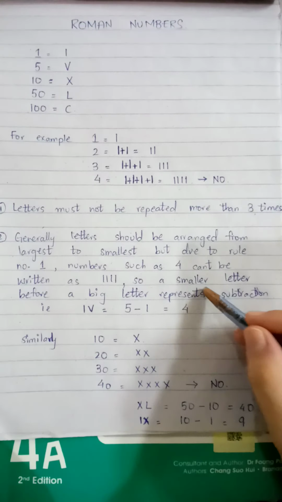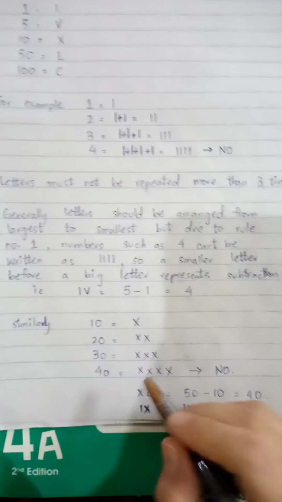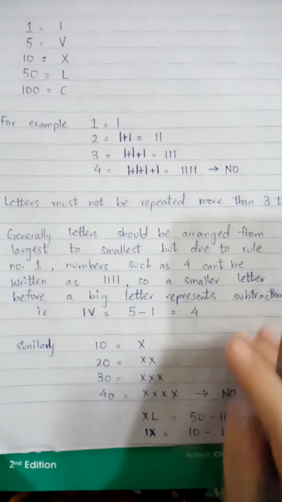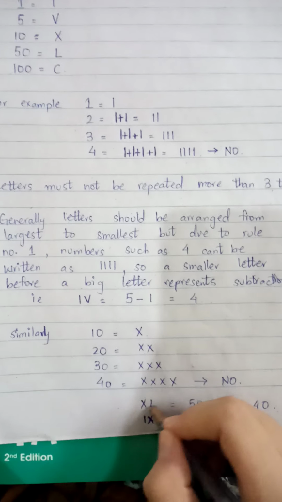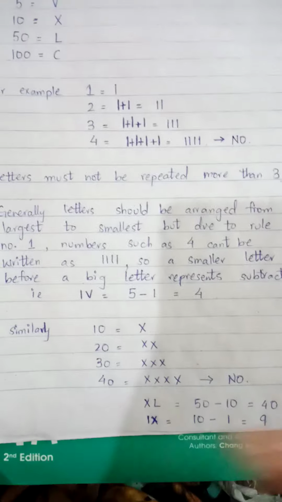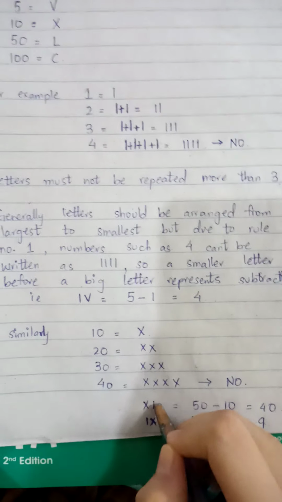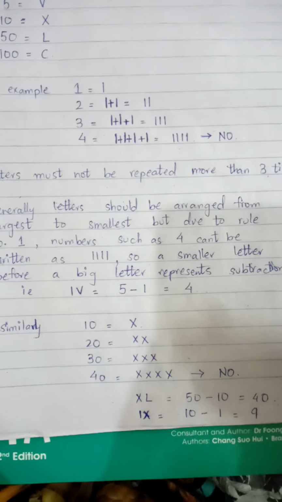So rule number 2 tells us that if we are adding the digit or the letter whose value is smaller in front of the letter whose value is bigger, then we will perform subtraction. Since the value of X is 10 and the value of L is 50, I know that the value of X is smaller than L, so I will perform subtraction.